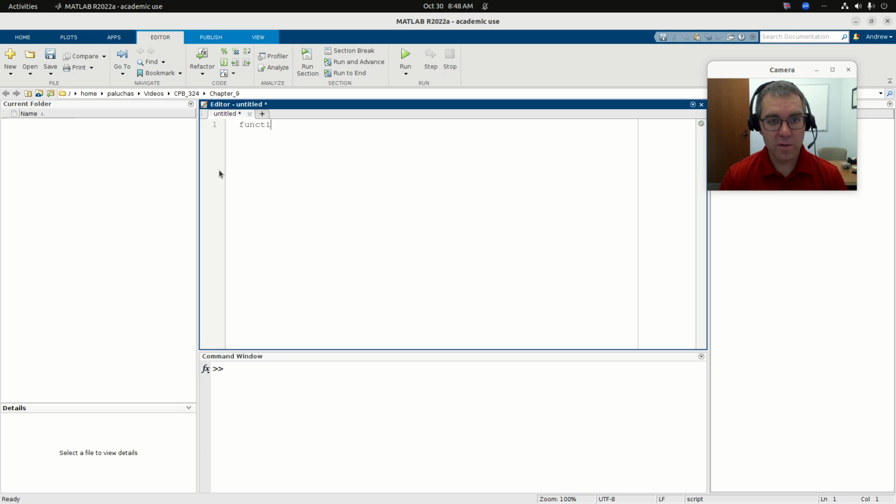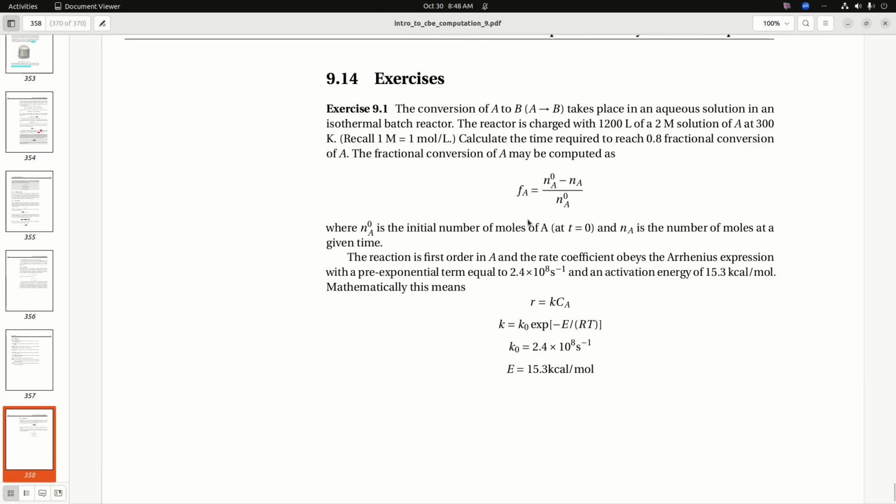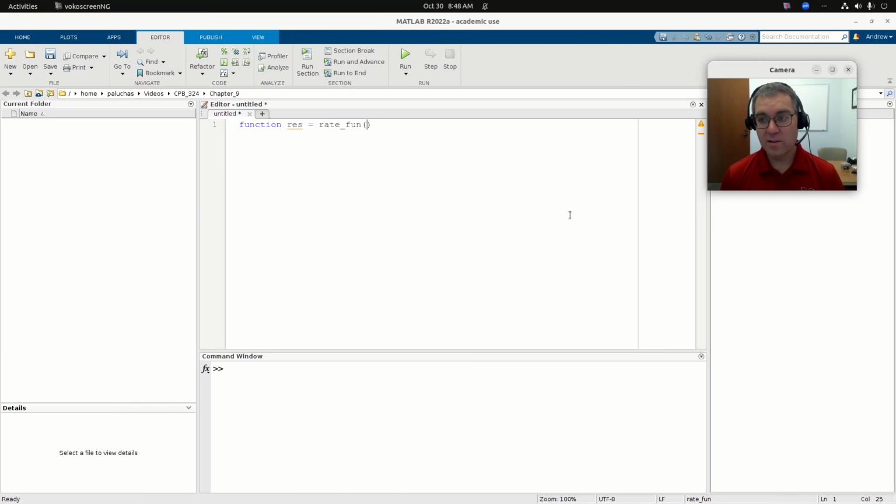So I'm going to start with function res, and I'll call this rate fun. My rate function needs to have two input variables. First is going to be time t, my independent variable, followed by my dependent variable. I could write just a single differential equation, and I'll do that in the context of Chapter 9.